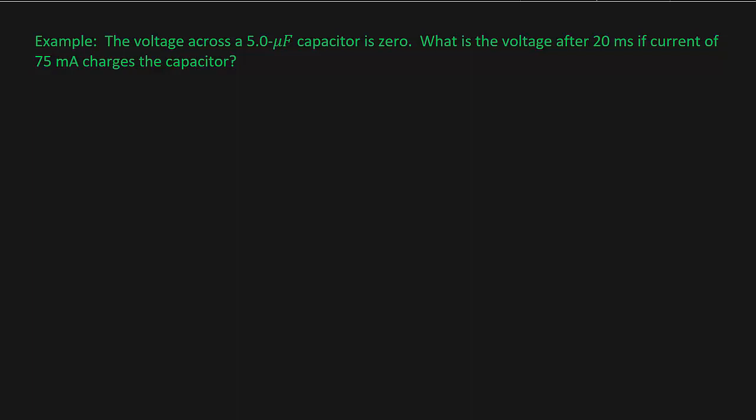All right, so let's take a look at how we have to do this. Now, we may need to go back up and look at a few things because they're giving us some stuff that we didn't see earlier, that mA and that microfarad.